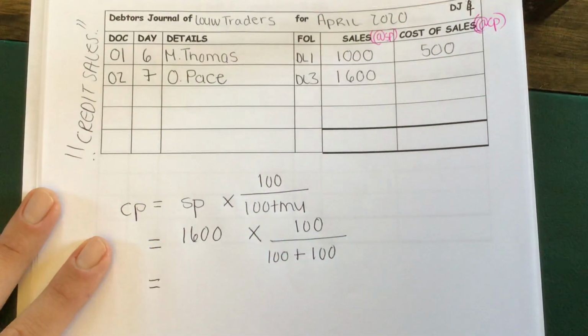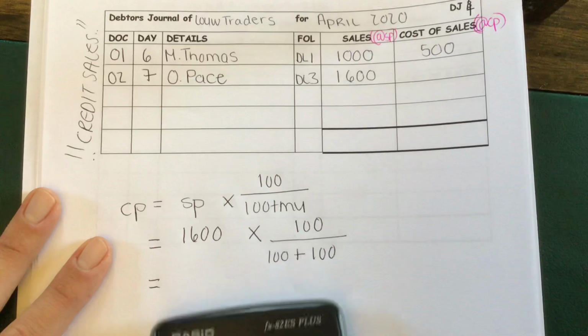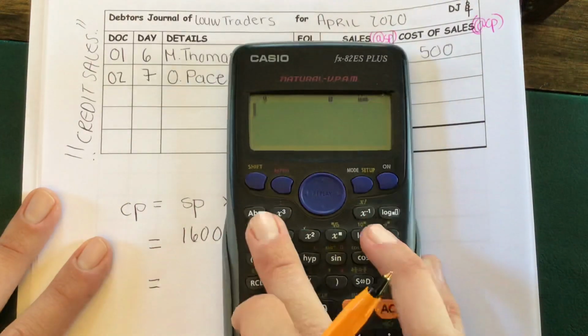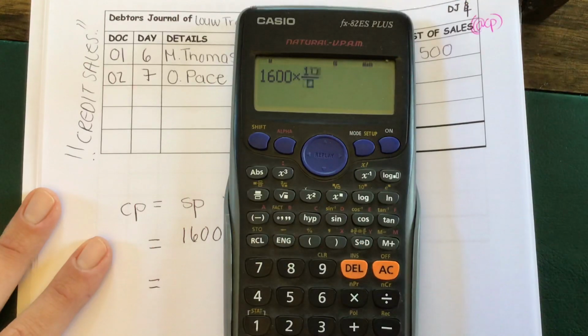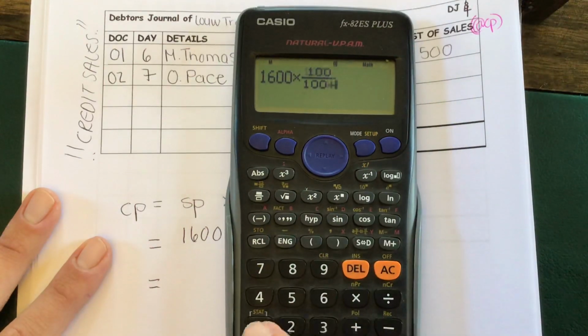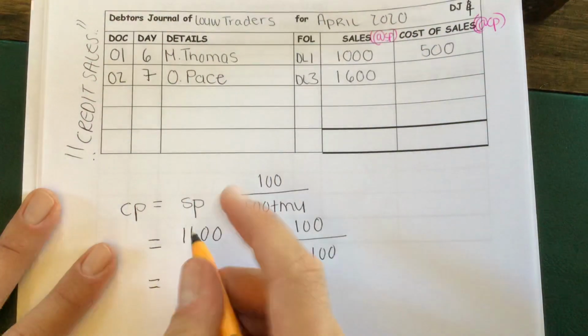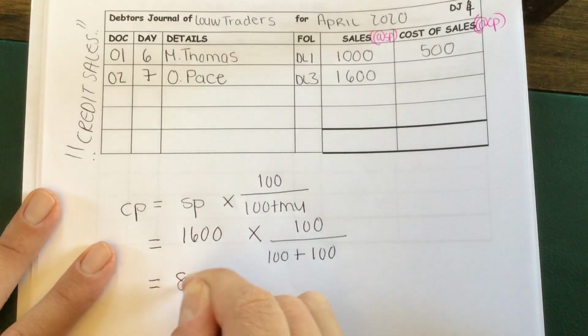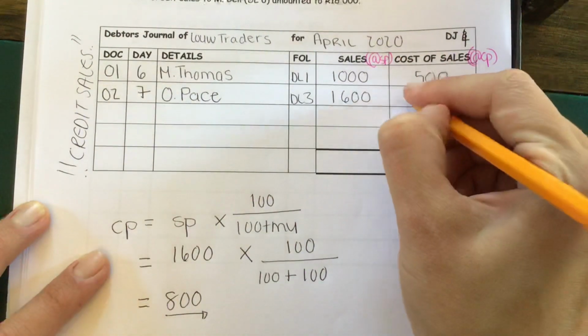Remember, no percent sign. I know it's quite simple and most of you can do this in your head, but if it wasn't 100, you must know this formula. So we say 1,600 times 100 over 100 plus 100, and we get 800 Rand. That is the cost price of the goods that we sold.